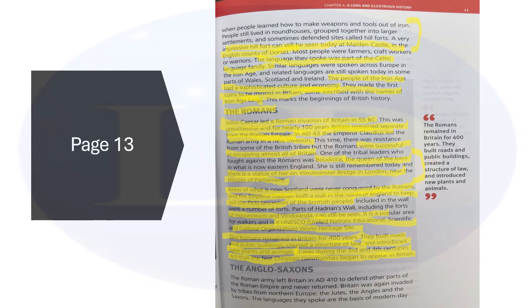The things that I've highlighted here, please highlight everything and then go back over them and try to think about these, and watch my video again and again so that you understand what they mean and what type of questions can come. We'll start our next lesson from the Anglo-Saxons.